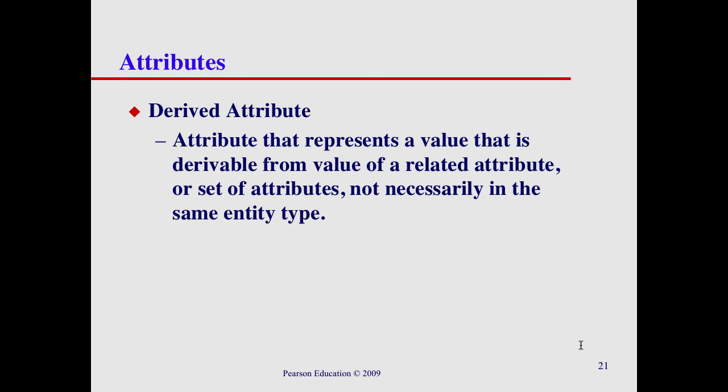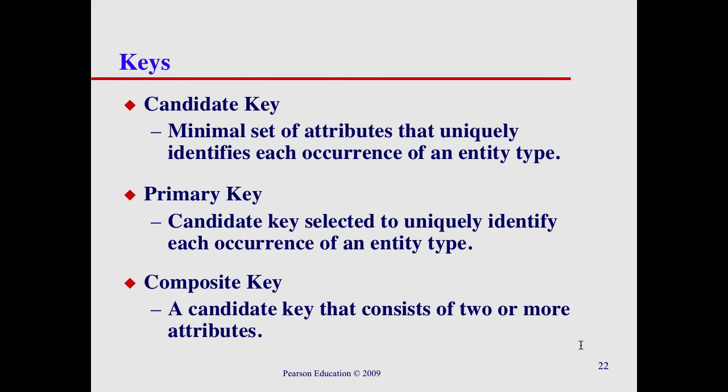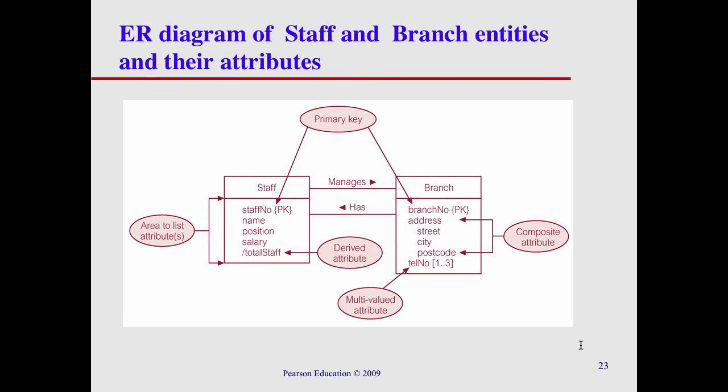Okay, so we talked about derived attributes such as property count or staff count. So in a really cluttered entity relationship diagram, you might show a composite attribute with indented attributes.